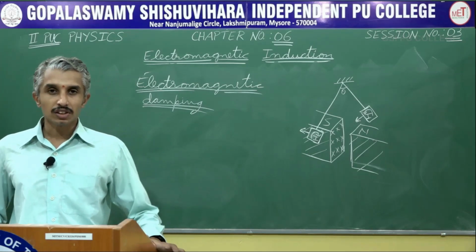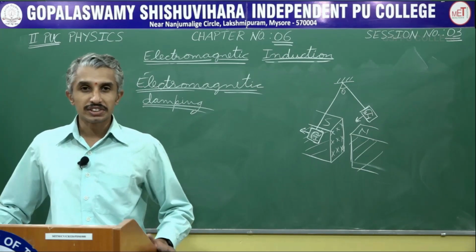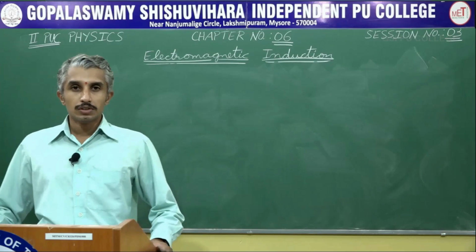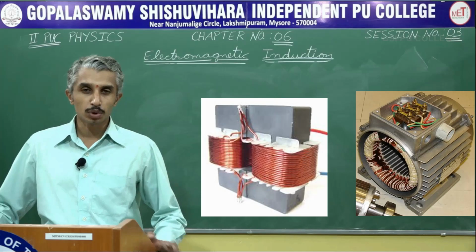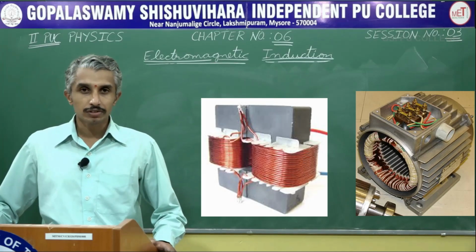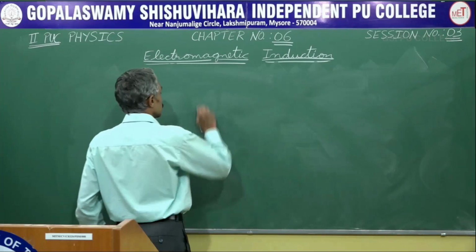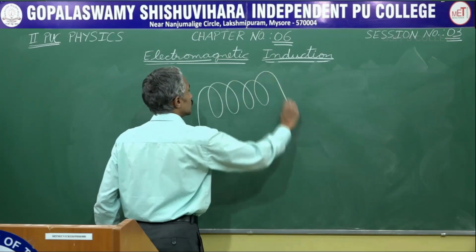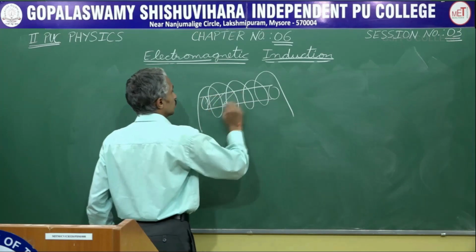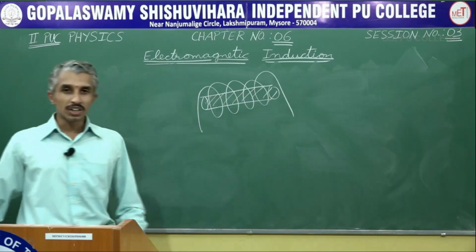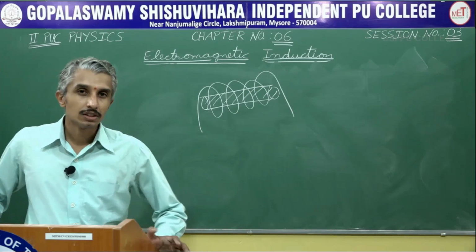These eddy currents have both advantages and disadvantages. Let us first look into the disadvantages. Generally, electrical devices like transformers, electric motors and many such devices where coils are employed have coils wound on a bulk conductor or a bulk ferromagnetic material.